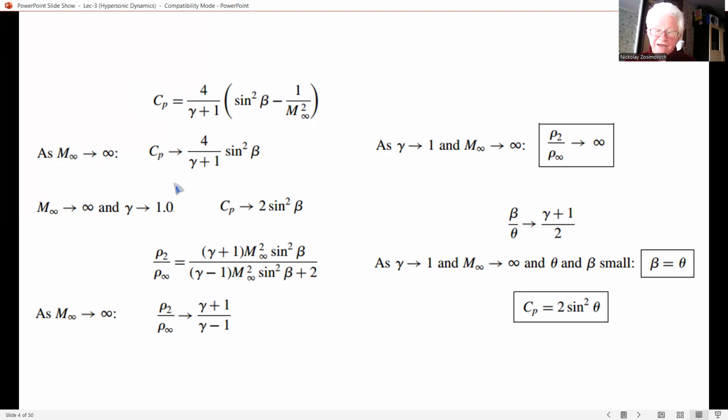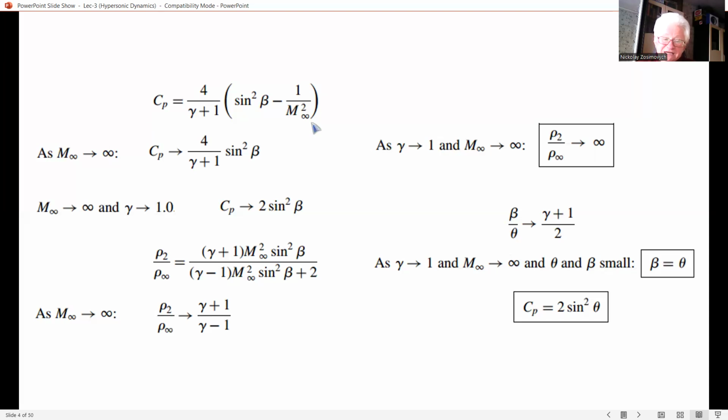So we may write, instead of the first one, Cp proportional to 4 over gamma plus 1 times the expression in this bracket.